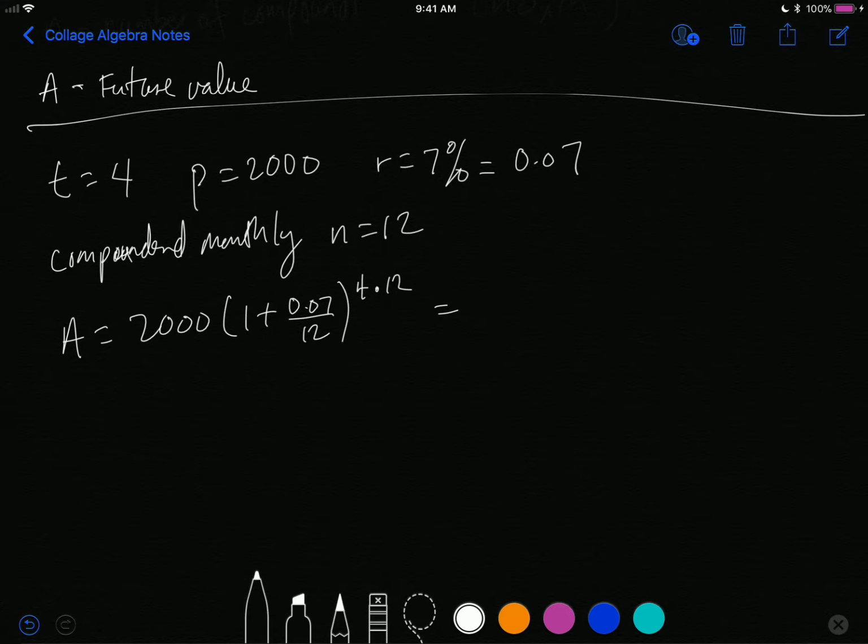You can simplify the 12 and the 4 and make that a 48, but you don't have to. And so your answer is going to be $2,644.11. And 11 cents.